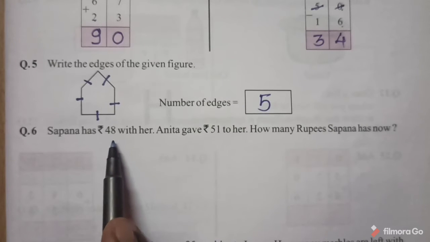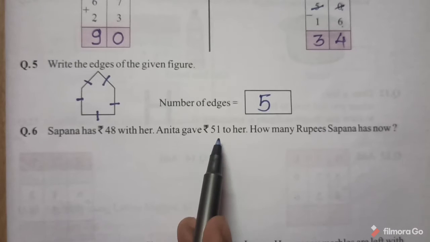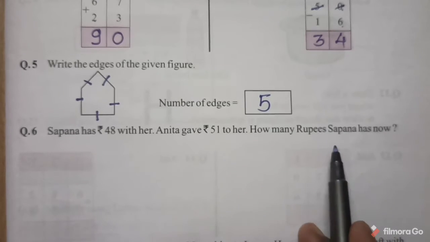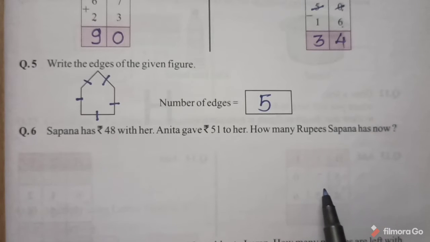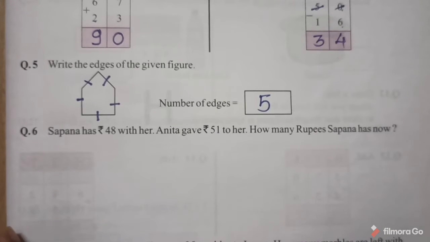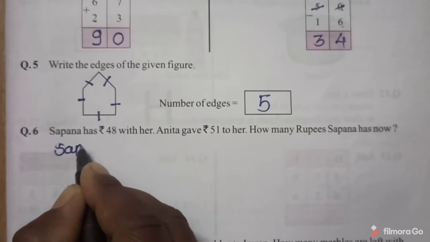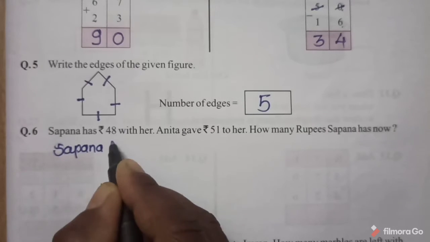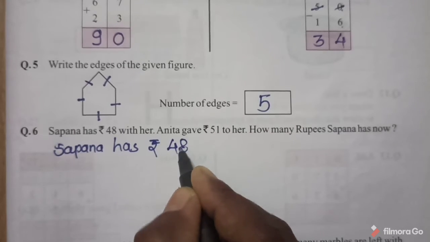Sapna has rupees 48 with her. Anita gave rupees 51 to her. How many rupees does Sapna have now? Now see, total rupees. First of all, Sapna has 48 rupees.